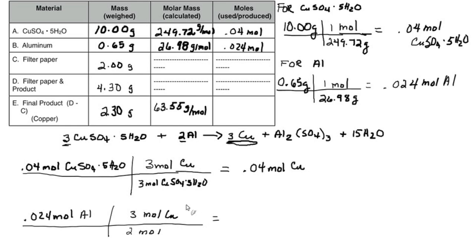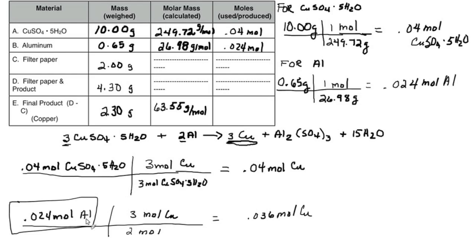When you punch that in, you get 0.036. So they're really close, but aluminum produces less copper than the copper sulfate does. So aluminum is our limiting reactant.